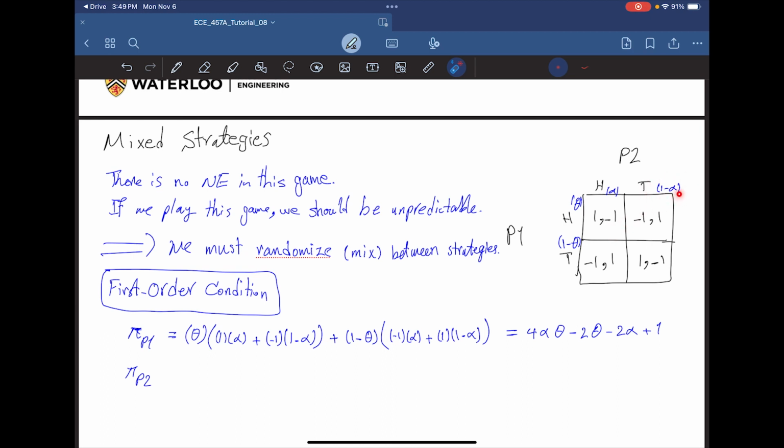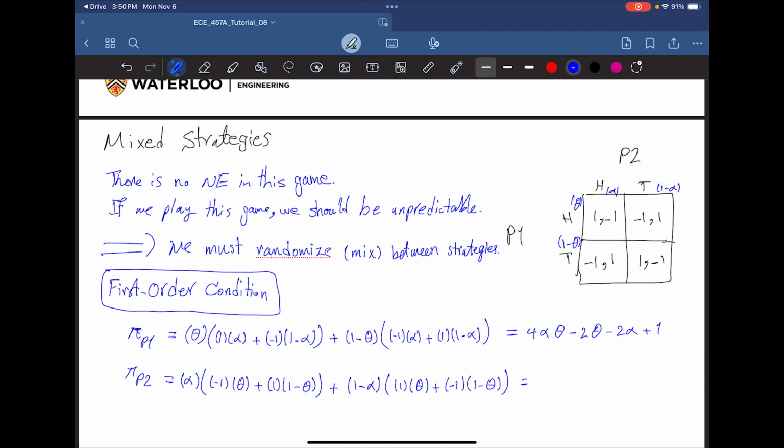And then for the second action, tail, 1 minus alpha multiplied by 1 theta plus -1, 1 minus theta.